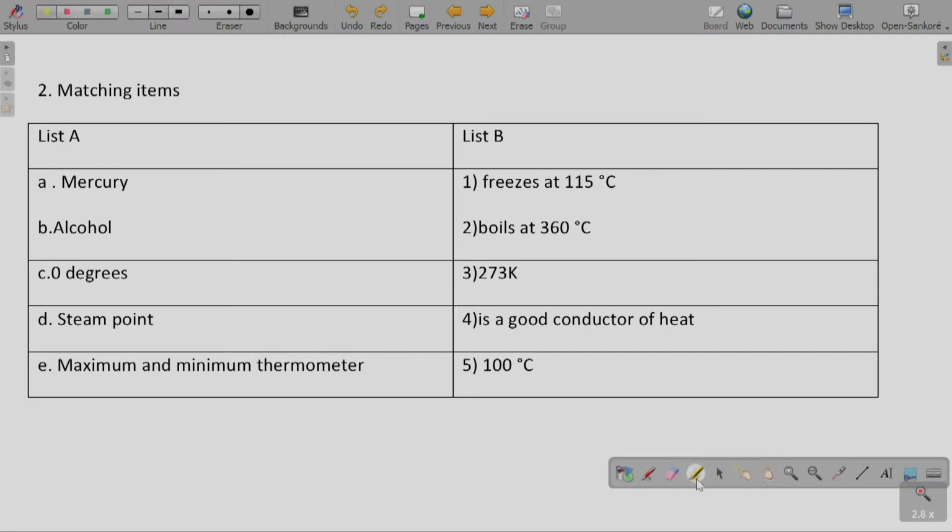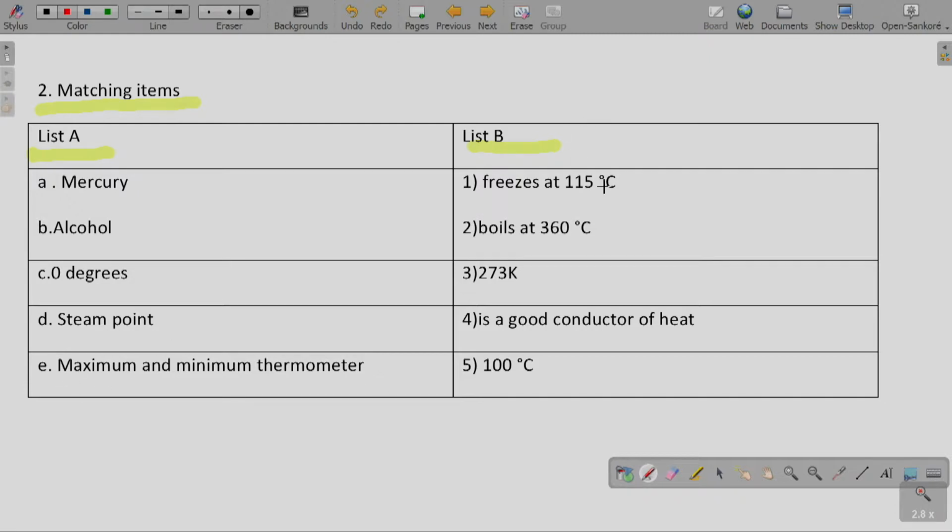The second question is matching items. We have to match the items from list A with those of list B by choosing the most correct answer. From list A, I have mercury, alcohol, 0 degrees, steam point, and maximum and minimum thermometer.